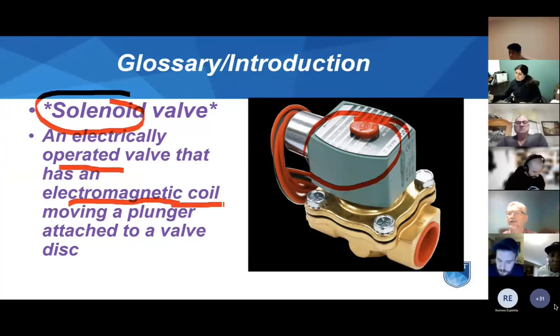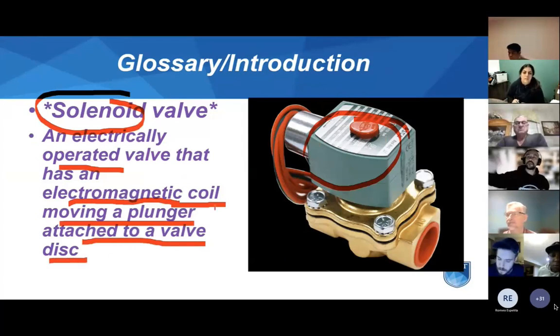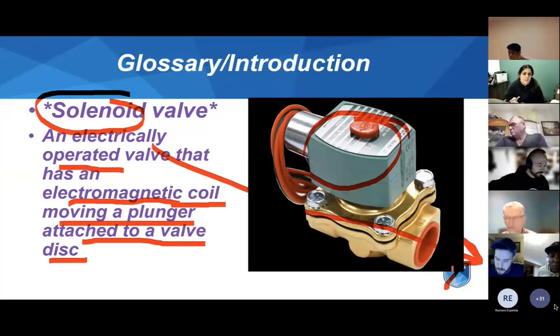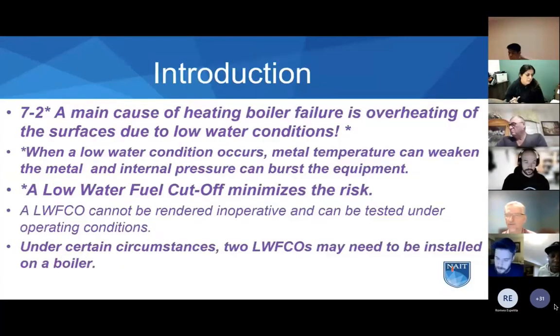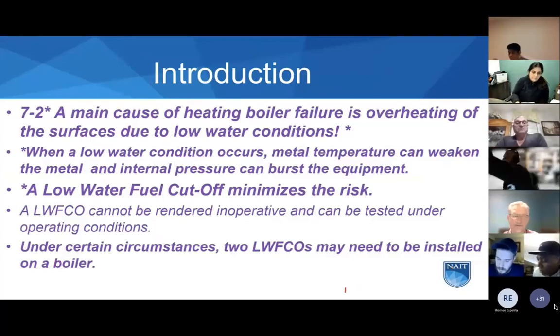So the coil is energized, moves a plunger attached to a valve disc, and opens up the gas flow to allow us to start up our boilers, and many other things too. But in most cases, we're going to be talking about solenoid valves allowing a flow of gas or some other fuel into our boiler.